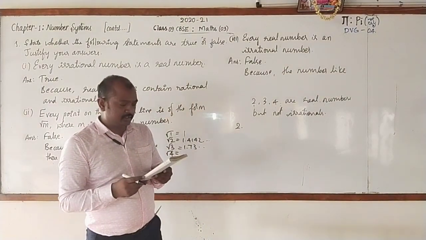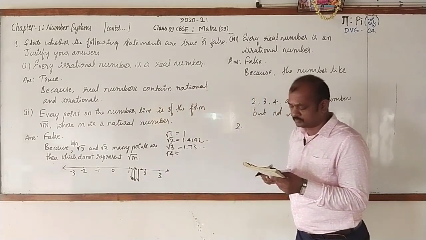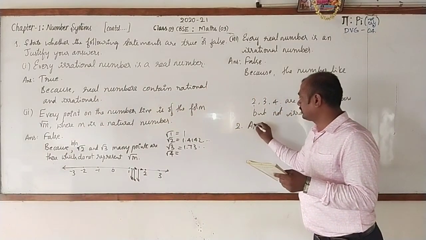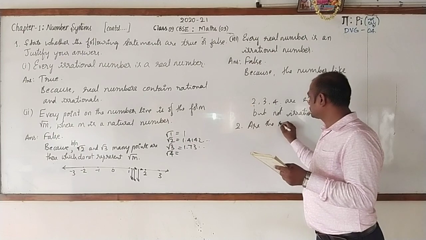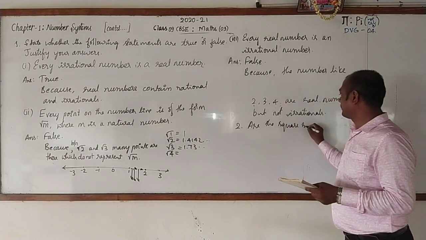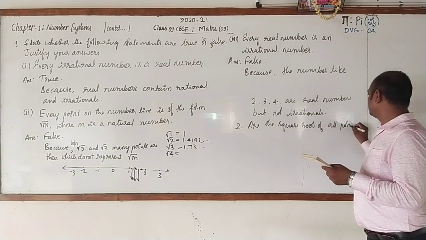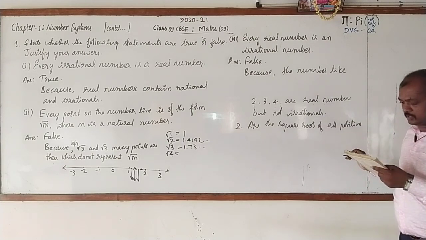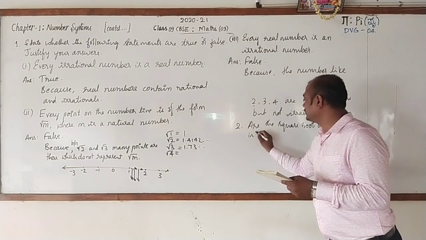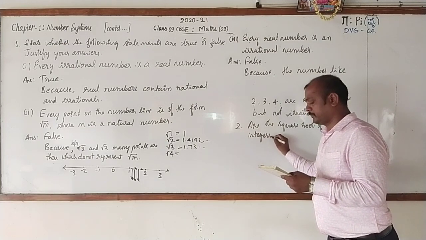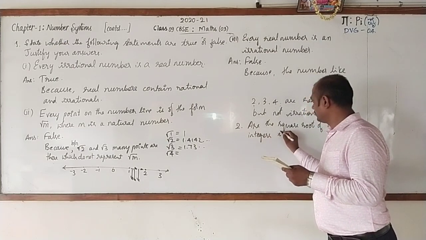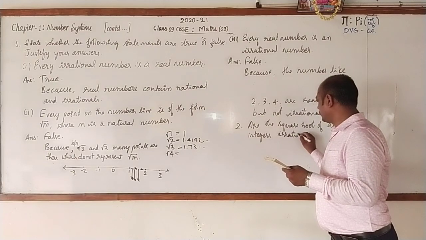Now, let's move on to the second question. The second question is like this. Please copy with me. Are the square root of all positive integers irrational?